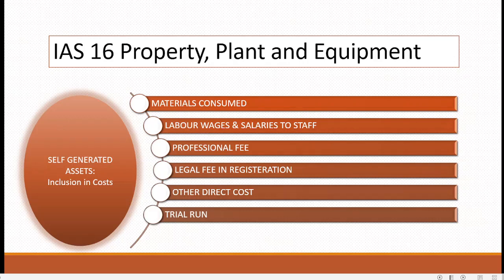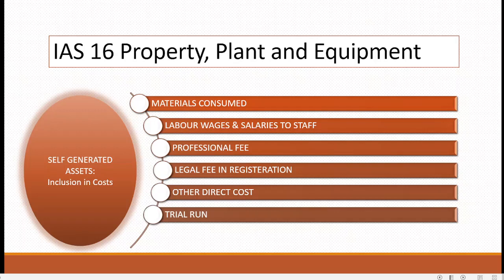If there is no legal requirement, it could be an industry requirement that for these kinds of big assets there is always a trial run and a certification, and only then is the asset put to use. In that scenario, the cost will be added to the cost of the assets.